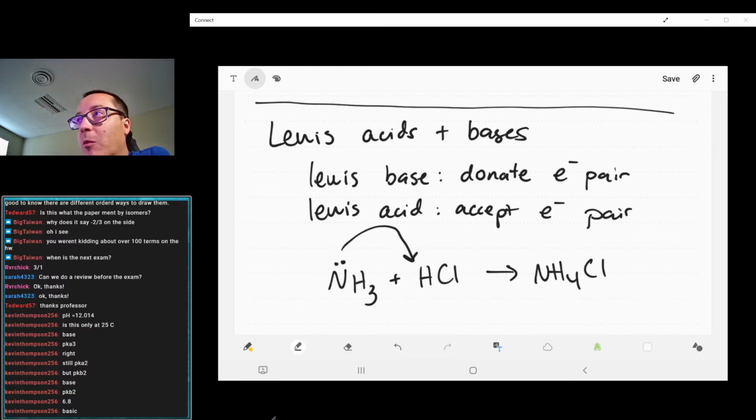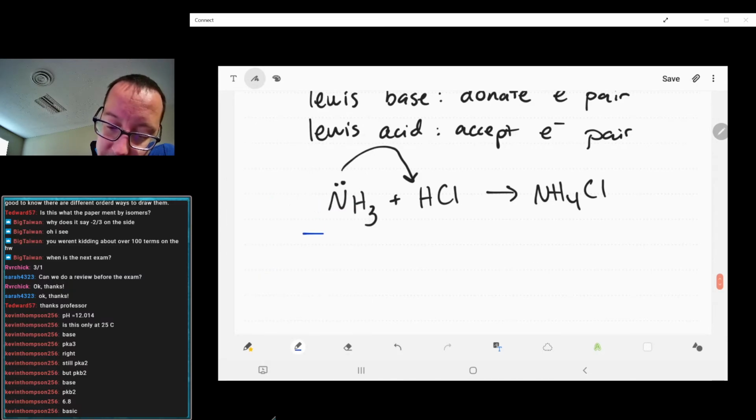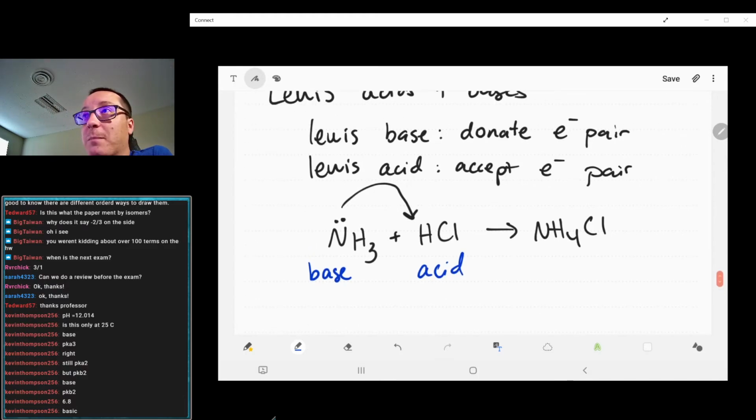And the chloride will come along because of the ionic attraction. But we can see here that the ammonia is going to be a base, and the HCl, of course, will be our acid. The ammonia is going to be using its electron pair to donate into that HCl. So this is more, again, about the chemistry. So instead of looking at where hydrogens are going, we're looking at what's happening with lone pairs.